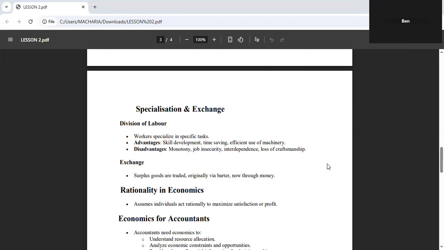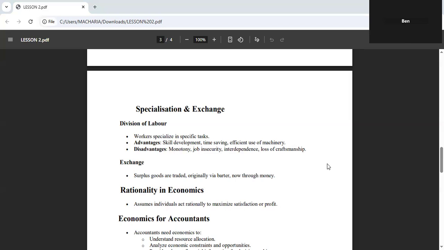we talk about specialization and exchange. Specialization is the ability to do one single item efficiently. If a worker specializes in a particular item, like a surgeon specializing in human operation, that is specialization.